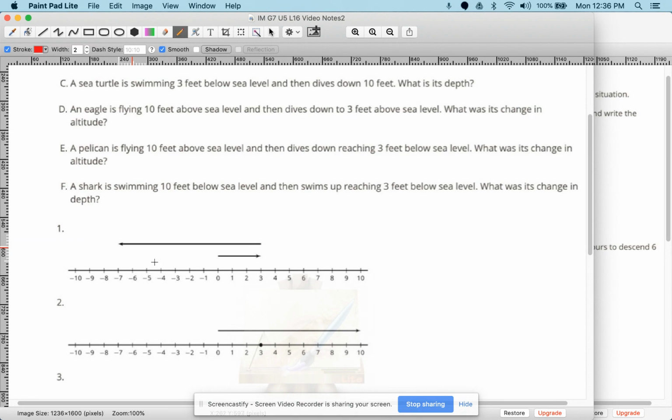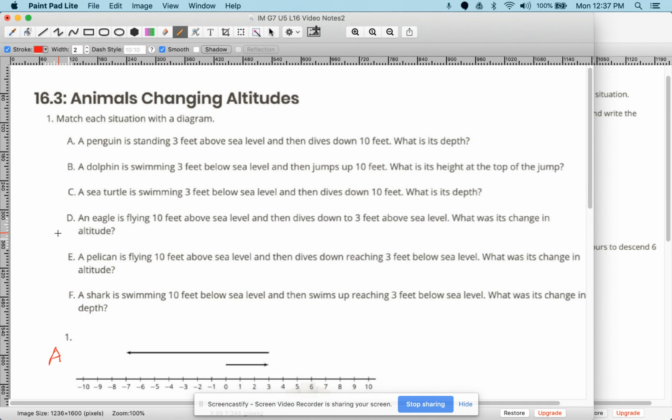Let's look at A. A, they're starting at 3, and then it's going down, but did it go down 10? Well, here's 1, 2, 3, 4, 5, 6, 7, 8, 9, 10. It does. So this is A. I'm going to go back up to part A and put that it is number 1. I'm going to match them on both ends.